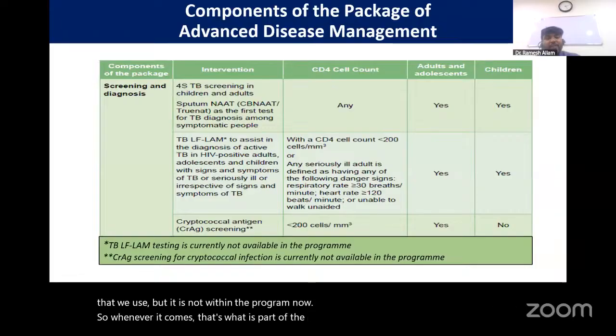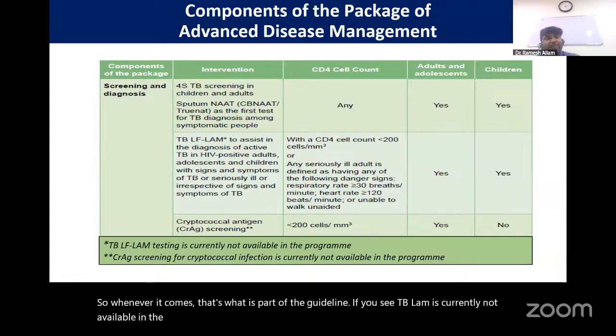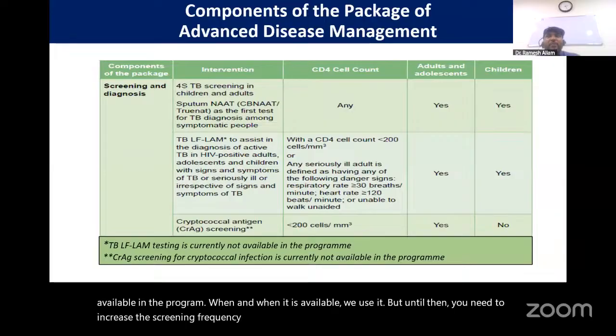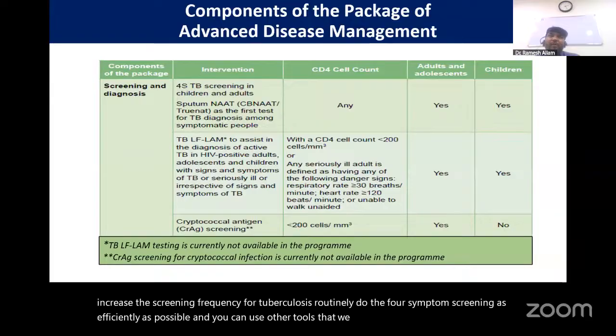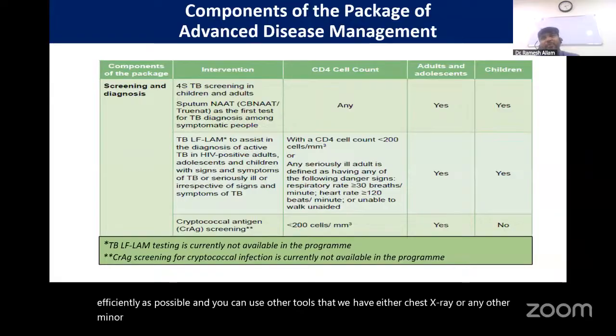TB LAM is currently not available in the program. As and when it is available, we use it. But until then, you need to increase the screening frequency for tuberculosis, routinely do the four symptom screening as efficiently as possible, and you can use other tools that we have, either chest X-ray or any minor surgical procedures that you have to use to send the samples.